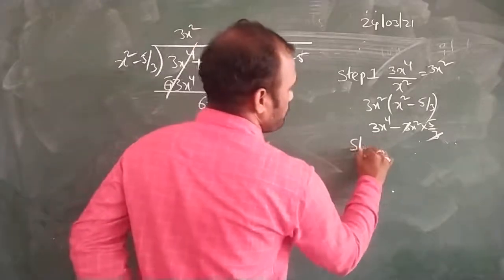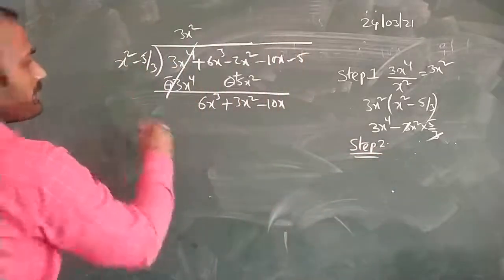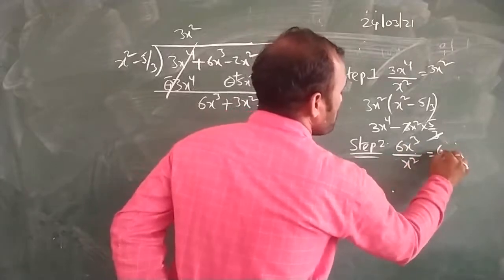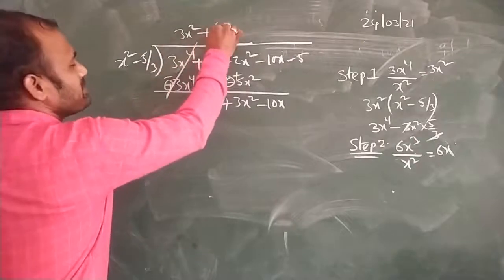Next, let us see step 2. We divide 6x cube by x square, which gives 6x. So let me write here plus 6x.